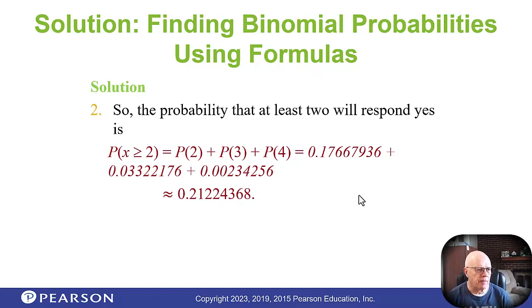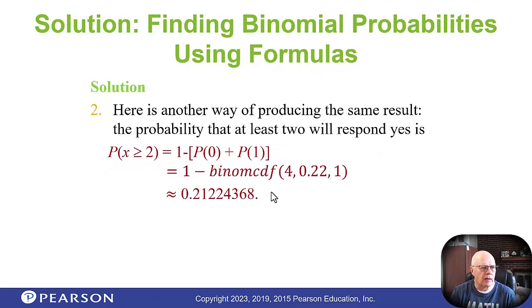Add those 3, and here's the probability that you get at least 2. In other words, about 21%. And there's the shortcut I showed you. And this shows you what you're doing is you're getting a complement because you're subtracting the ones you don't want from those in the grand total, which is always 1.